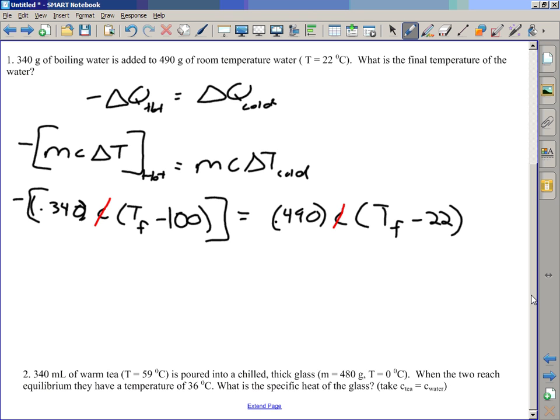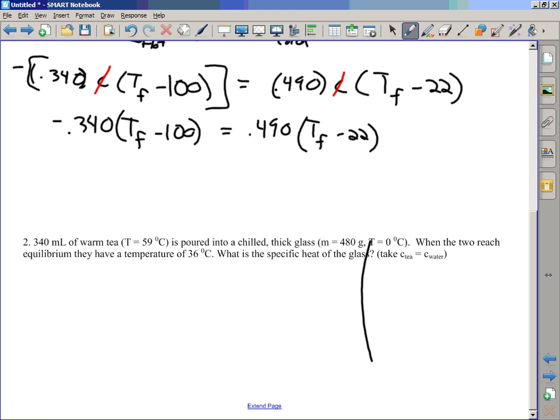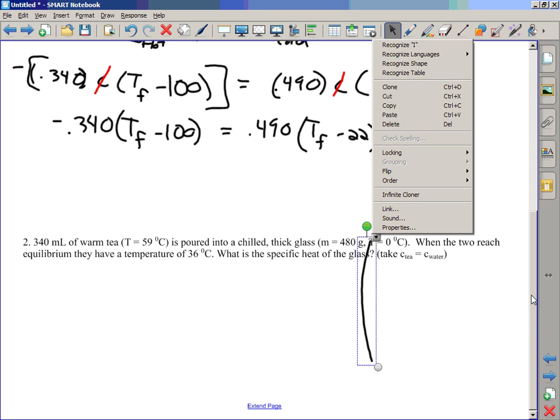Do I need to do that for you? Yes. Okay. So now, let me try to clarify this. Negative 0.340 times TF minus 100 equals 0.490 times TF minus 22.